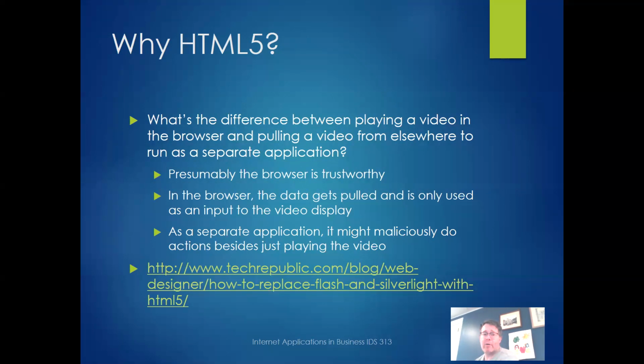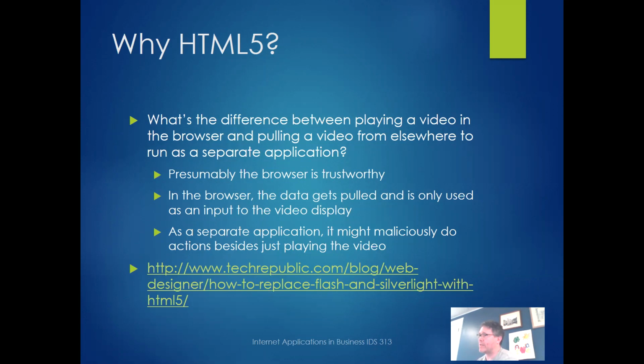Now, if you're showing a video just in the browser, right, the data gets pulled, it only gets used as an input to the video display. If the browser somehow sees some data that doesn't fit into an image format, it's going to say, hey, something's wrong with this. I'm not going to display it. I'm not going to do anything with it, right? Maybe I'm going to pop up a notification that says, hey, check out whatever's wrong with this video source.